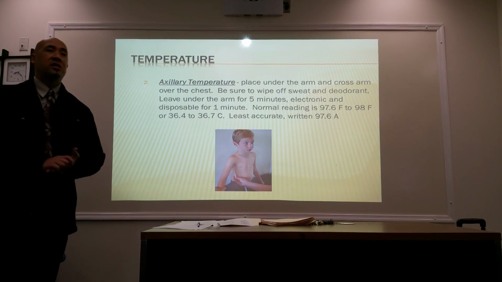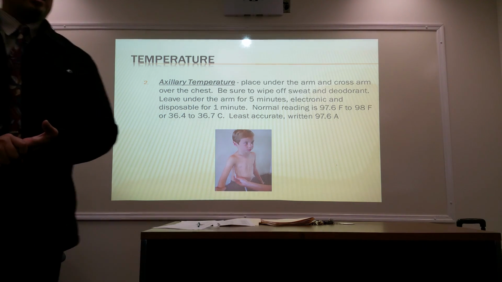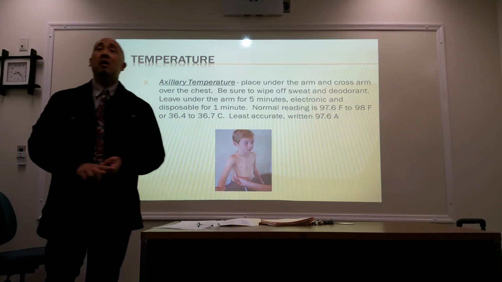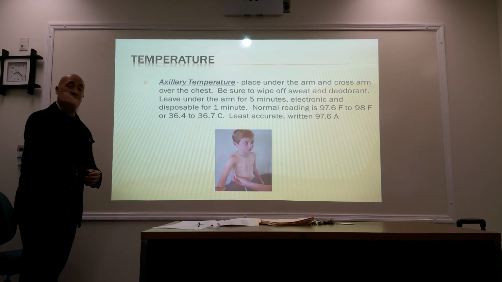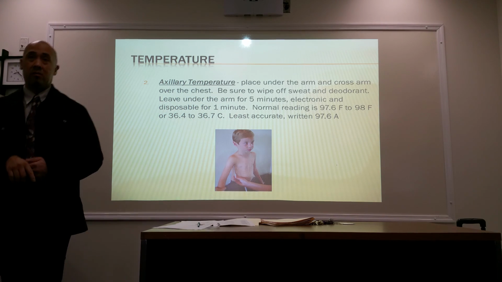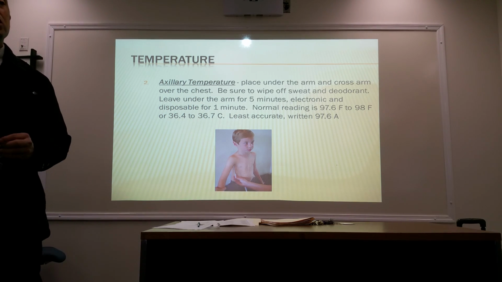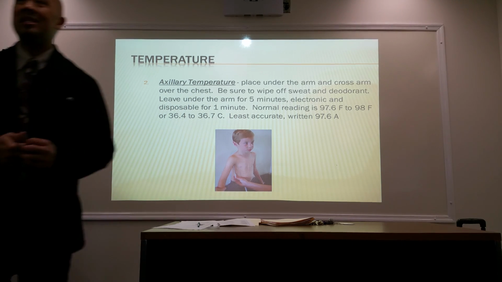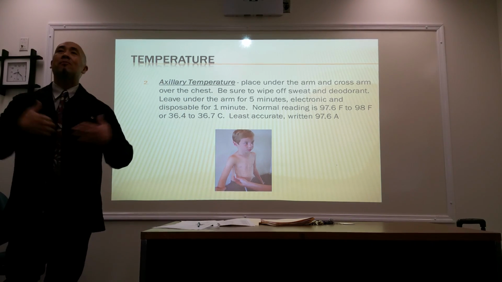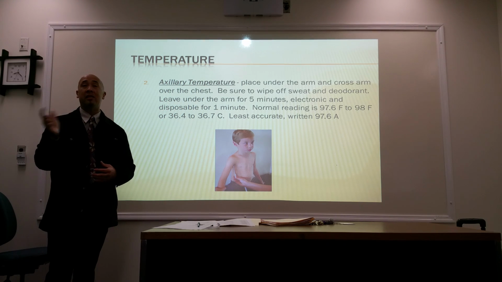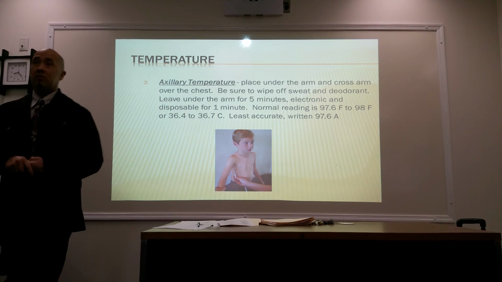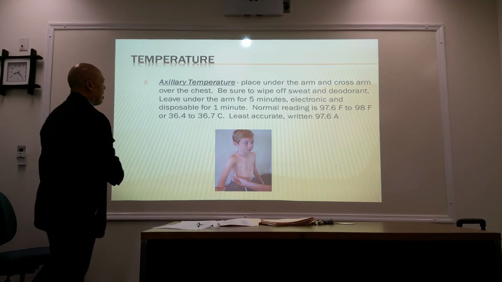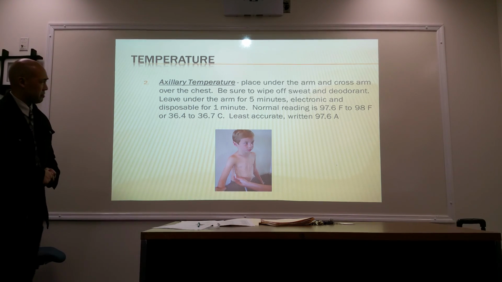Next one here is axillary temperature. Not as accurate as oral, but it's a good place if you can't put the thermometer orally or rectally. Axillary is under the armpit. You have to make sure that there isn't any excessive sweat, deodorant, or any type of moisture in the armpit, because again, that can skew the reading. You leave it under the arm for approximately 5 minutes.